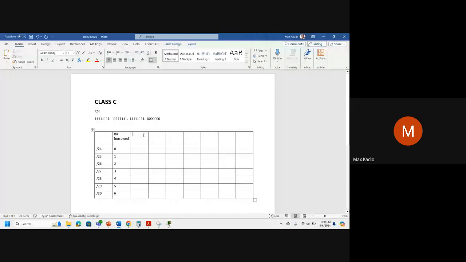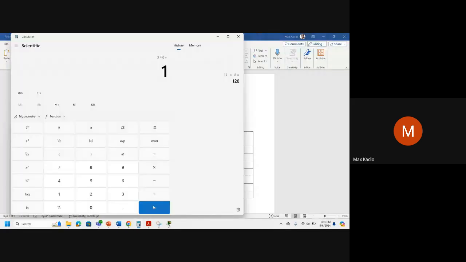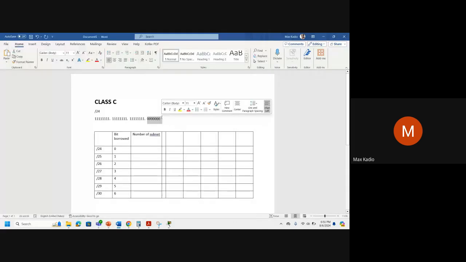Now here, the number of smaller networks. Remember, it's 2 to the power of bits borrowed. Here, 2 to the power of 0 is 1. It means if I don't borrow any bit here, I only have one network.